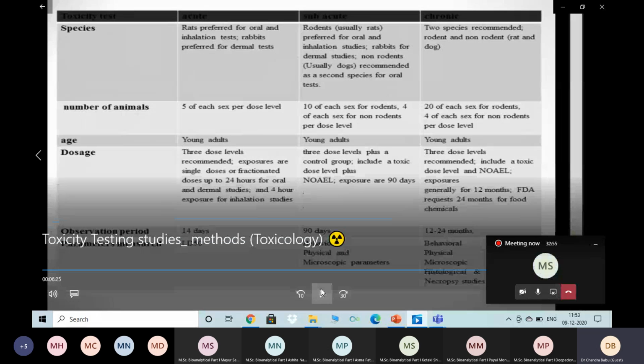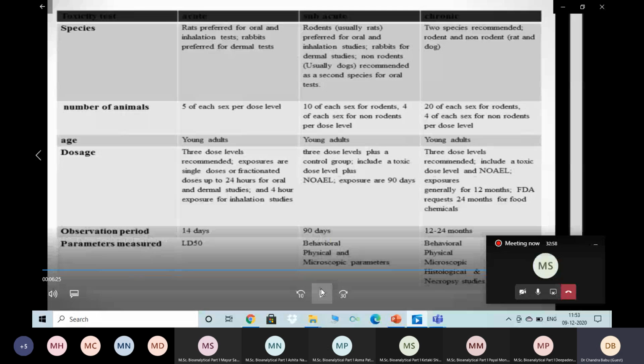So, this is the comparison which is being done and the observed parameters being measured for all these three cases which you are aware of. Rats are preferred for oral and inhalation tests, rabbits preferred for dermal tests. Rodents, usually rats, are preferred for oral and inhalation studies, and rabbits for dermal studies because rabbits are very strong in that part.